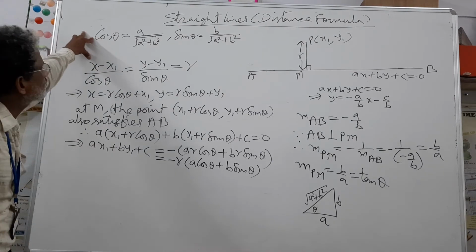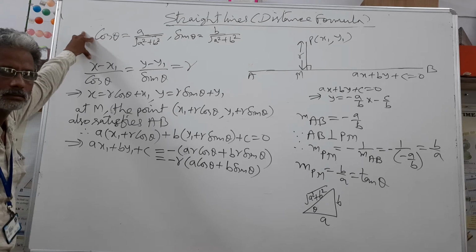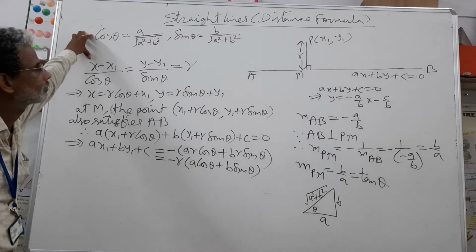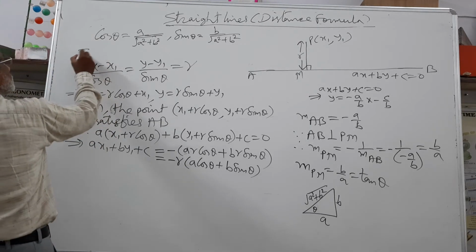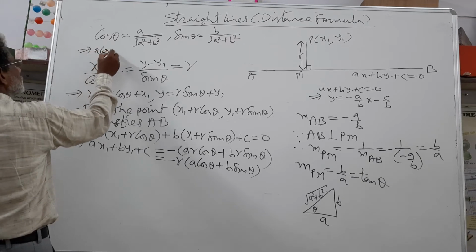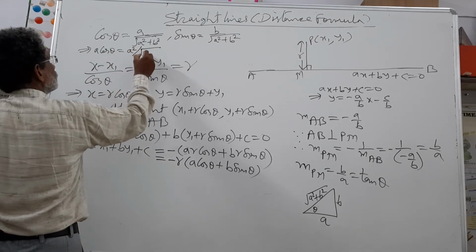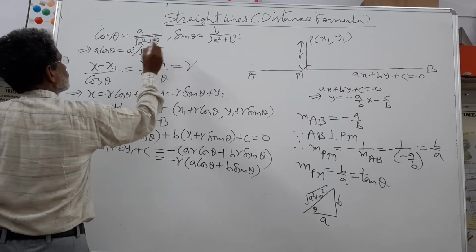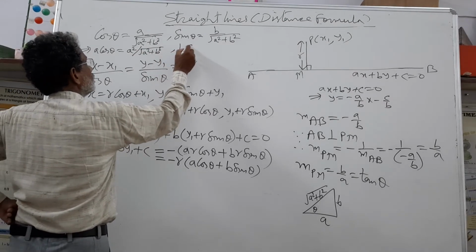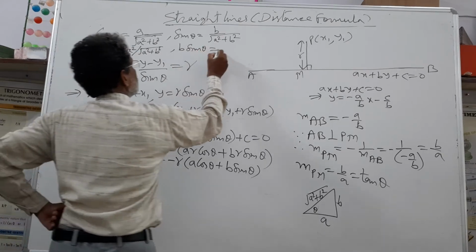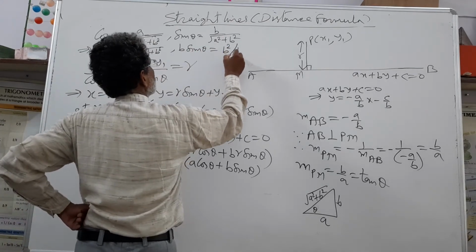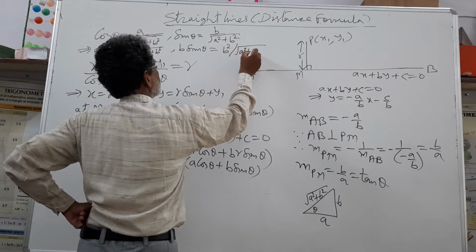Here cos theta and sin theta are obtained. This implies A cos theta is equal to A square upon under root A square plus B square, and B sin theta is equal to B square upon under root A square plus B square.